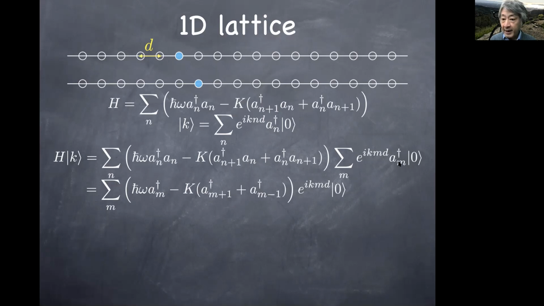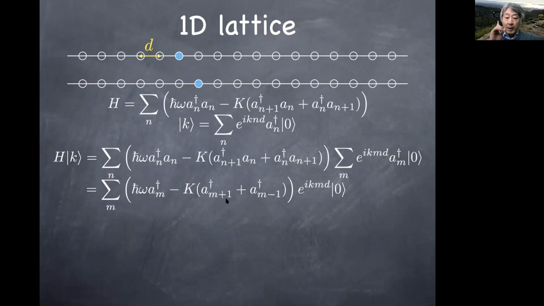So m, in this case, has to be the same as n plus 1, so n is m minus 1. You annihilate a particle at site m and end up creating a particle at site m minus 1. That's the last piece in the second line. So it's easy to act with the Hamiltonian on this state, which is an infinite linear superposition of particles at different sites, and you can work it out this way.